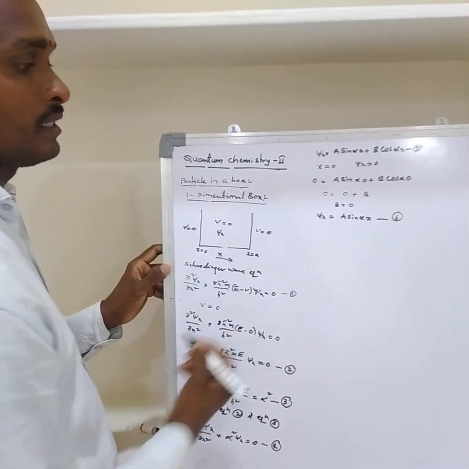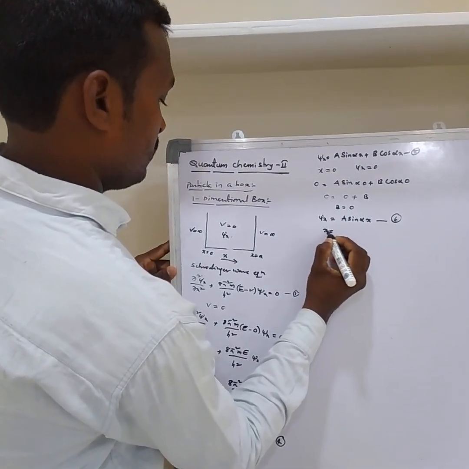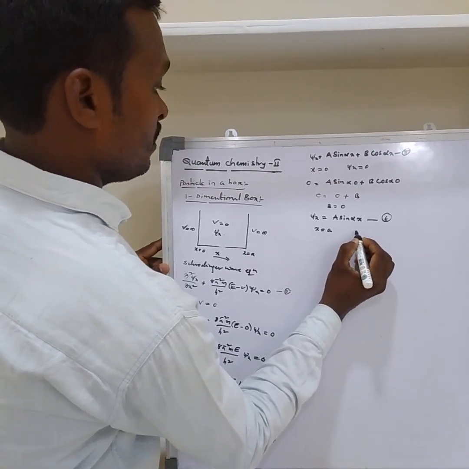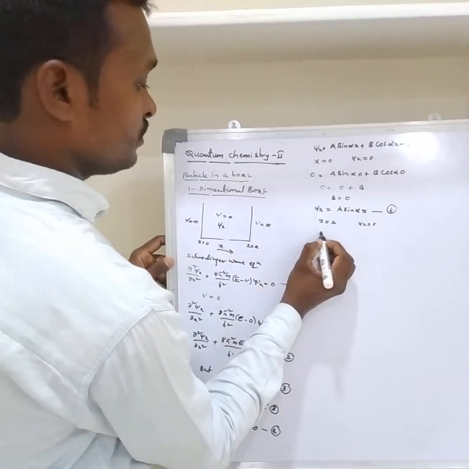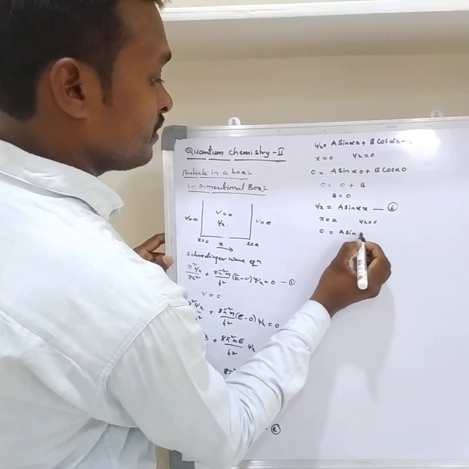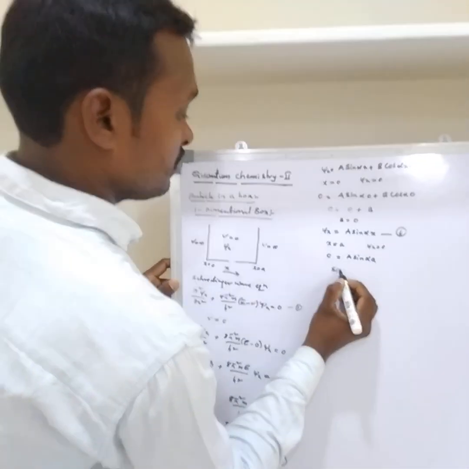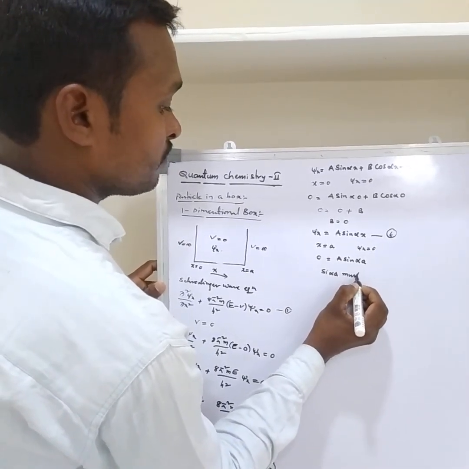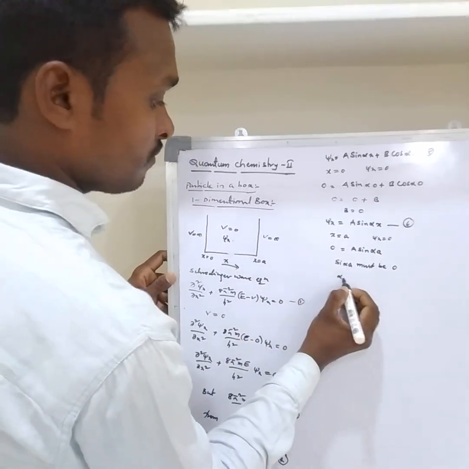The remaining limit is at x equal to a, where psi x will be equal to 0. So 0 equals A sin alpha a. Here sin alpha a must be 0. In what condition?